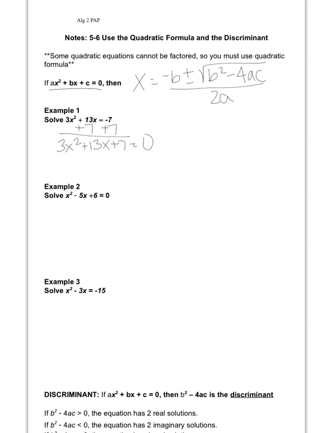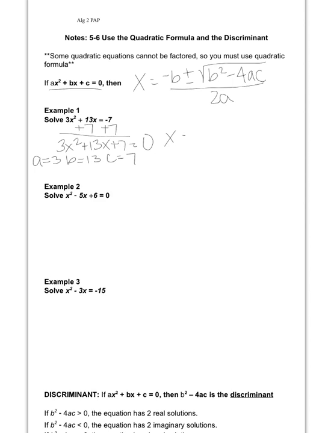So you have 3x squared plus 13x plus 7 equals 0. There's our equation. We're going to find a, b, and c so that we can plug into our formula. a would equal 3, b would equal 13, and c would equal 7. Okay, so we're going to plug into our formula.